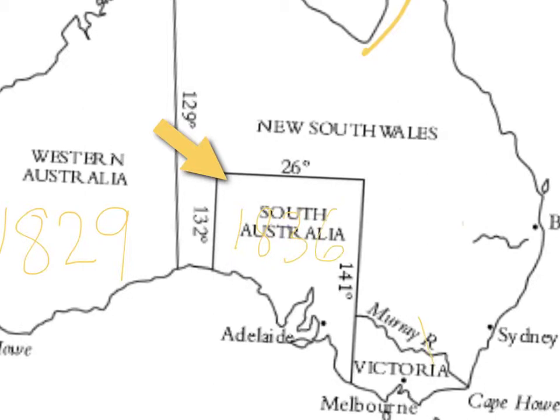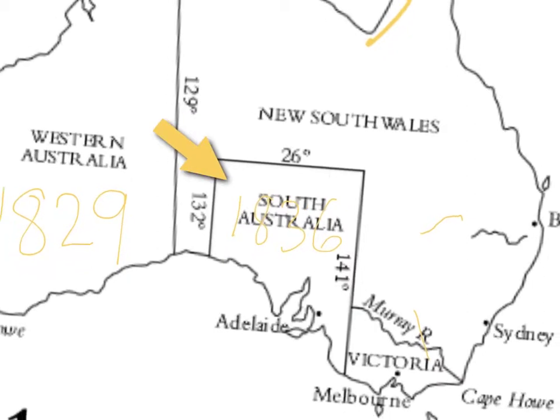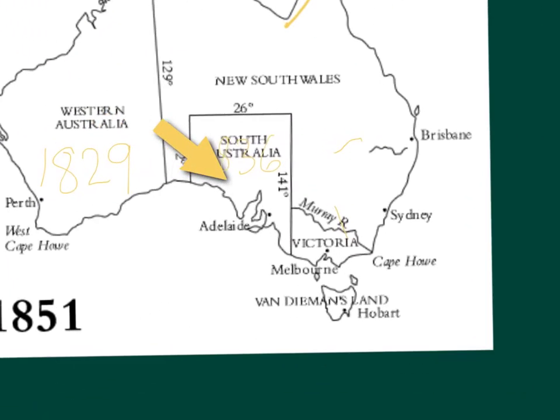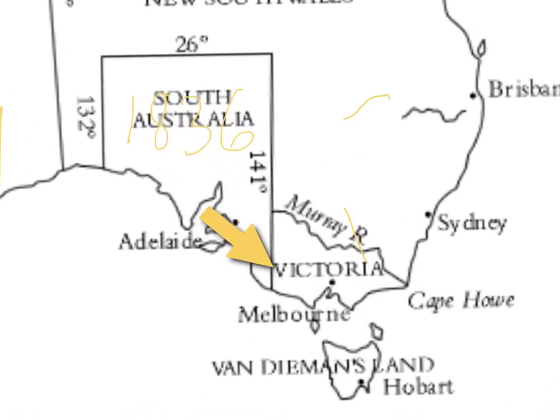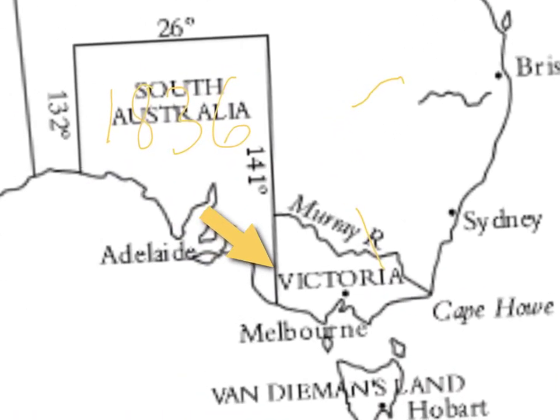Now, if we look down here, and we get down to Victoria, we know that Victoria became a colony in 1851. This was under the Australian Colonies Government Act, and the colony of Port Phillip was separated from New South Wales and renamed Victoria.